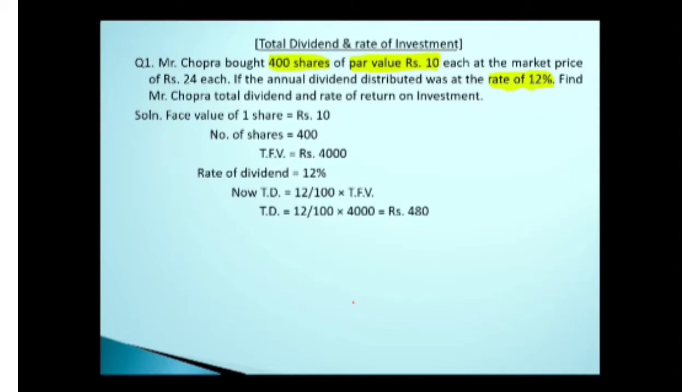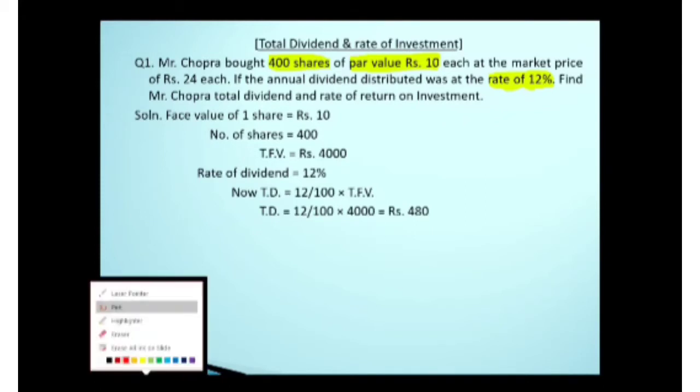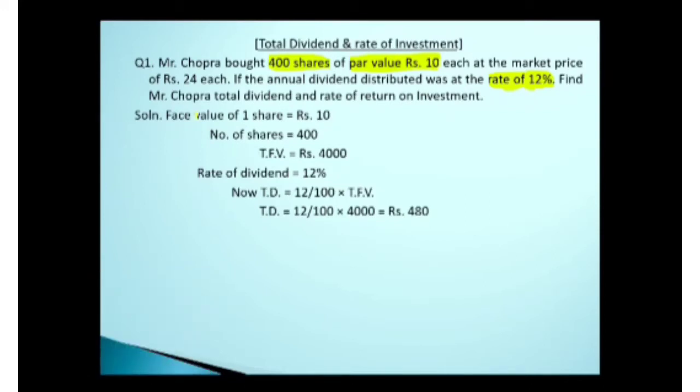Three of the data are already taken from the question, we had extracted that from the question. One more data is given in the question that we need to highlight and see what that is. So what is the next data that is given? Market price. I'm just highlighting with the yellow color at the top, on the second line, rupees 24. So this 24 is nothing but your market price, that is what is given to you.